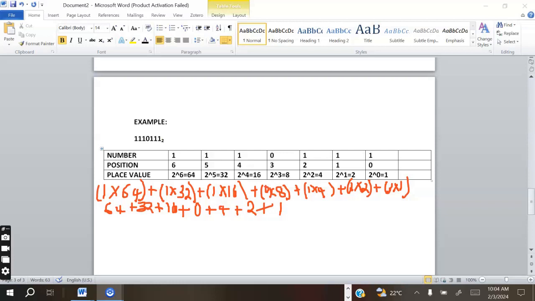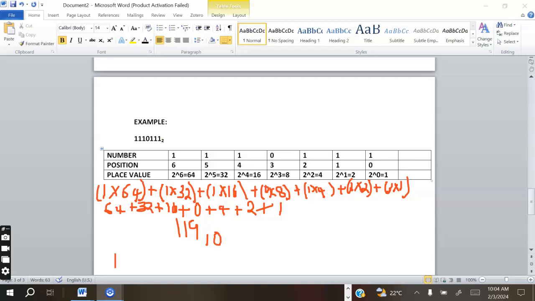You get this, plus 2, you get, so this one plus this one plus this one plus this one plus this one plus this one, you are supposed to get 119. Then it should be base 10.